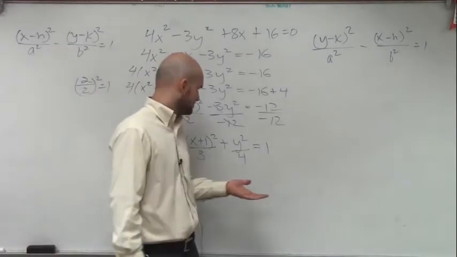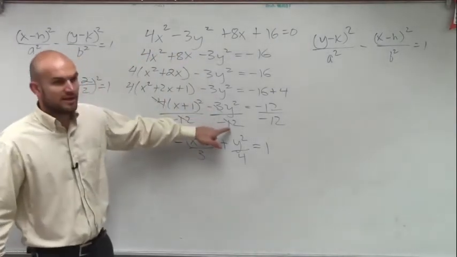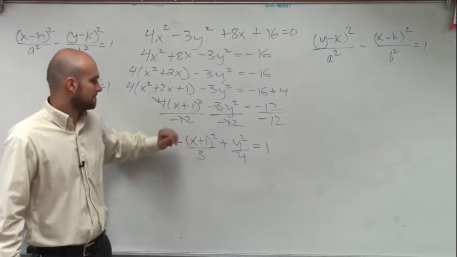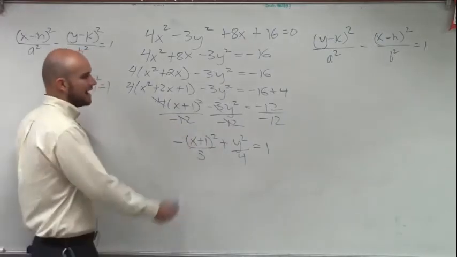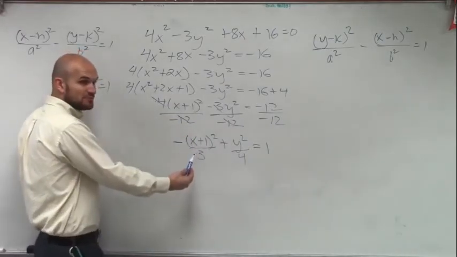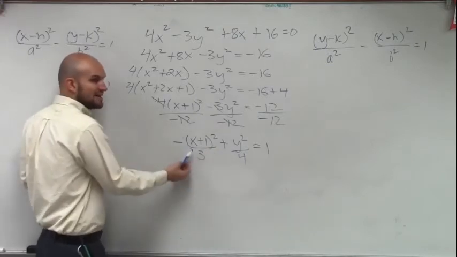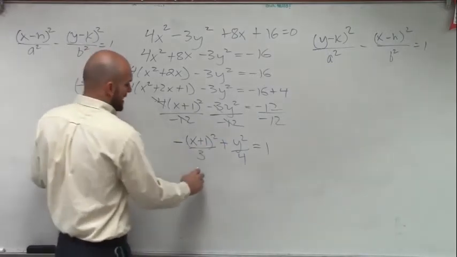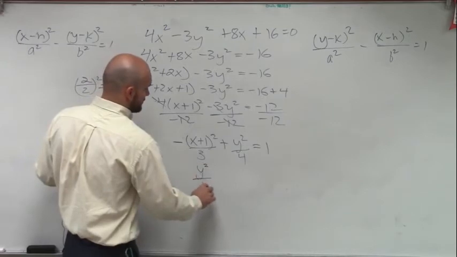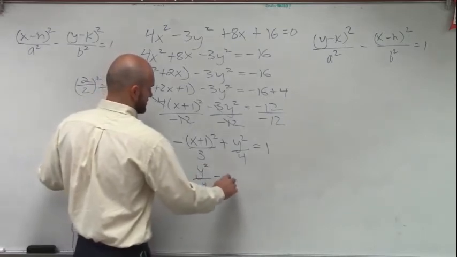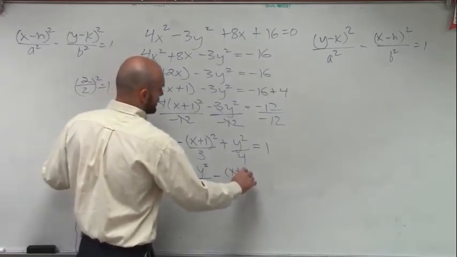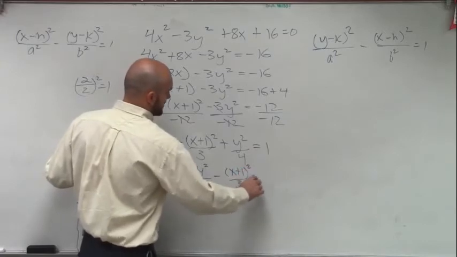Why are you adding? I thought it was multiplying. Because the negative divided by another negative makes a positive, right? True. So now, you're right though, this needs to be a subtraction problem, right? So rather than saying a negative number plus a positive, I can rewrite this as y squared over 4 minus (x plus 1) squared over 3 equals 1.